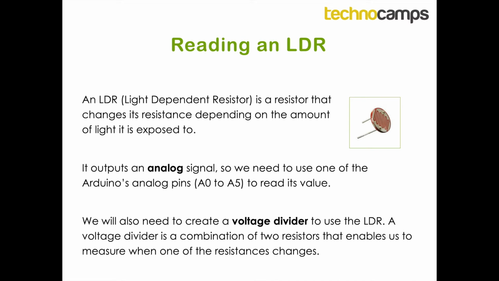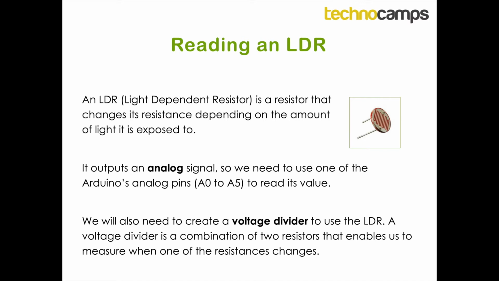Now we can't just connect our LDR straight to our Arduino. We're going to have to create a specific little circuit to measure the resistance of our LDR. And this circuit is called a voltage divider. Now, we're not going to go into it because it's not really computer science, it's more in the realm of electronics.